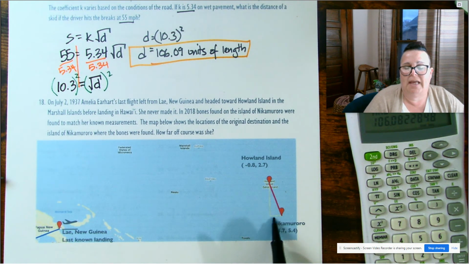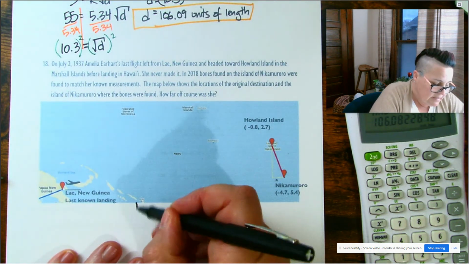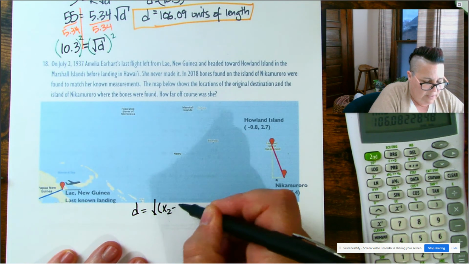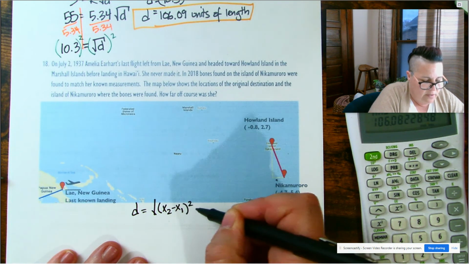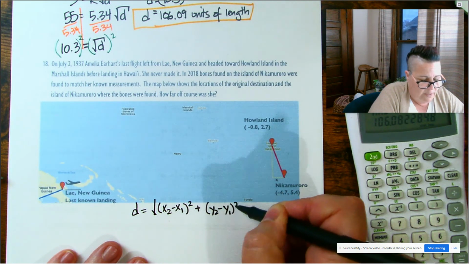We want you to find the red line. So we're essentially asking you to use the distance formula. Distance is equal to the square root of (x2 minus x1) squared plus (y2 minus y1) squared.